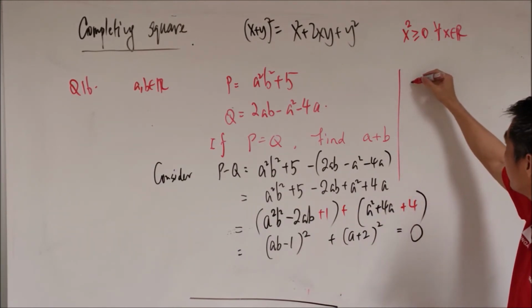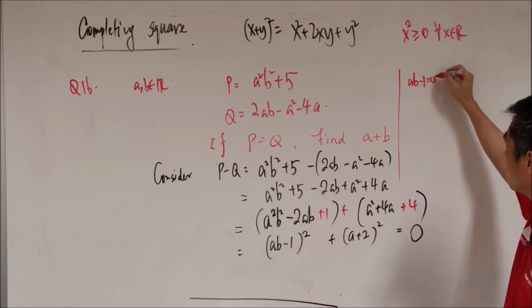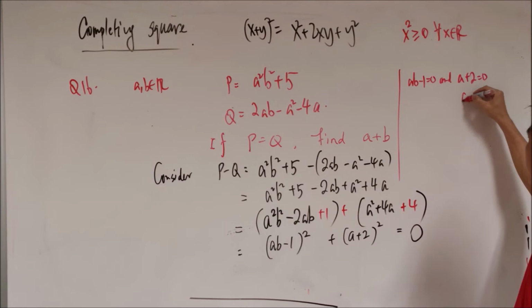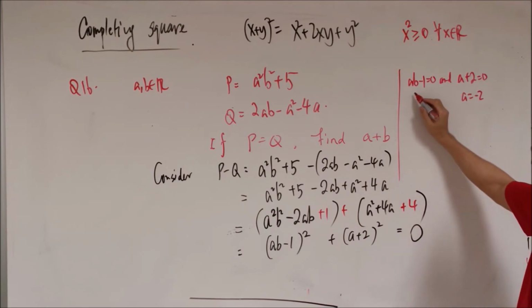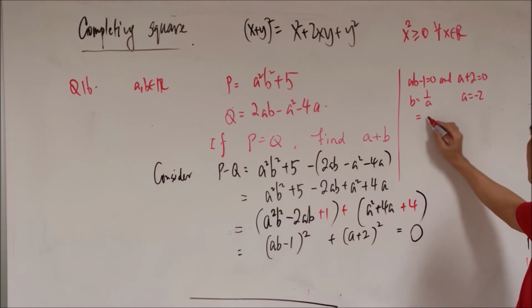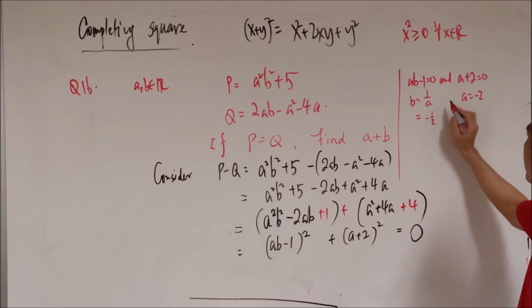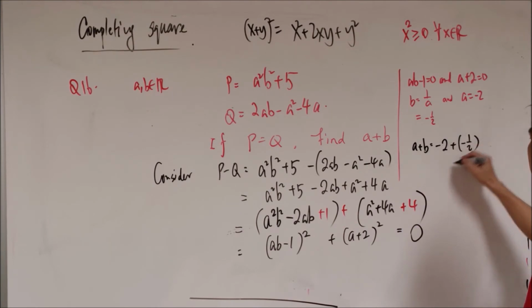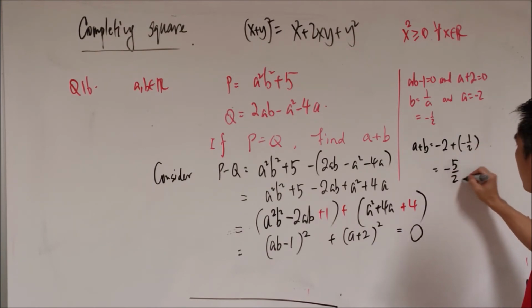And therefore we have AB minus 1 equals 0 and A plus 2 equals 0. This means that A equals negative 2 and B equals 1 over A, which means that B equals negative half. A plus B will equal negative 2 plus negative half, which is negative 5 over 2.